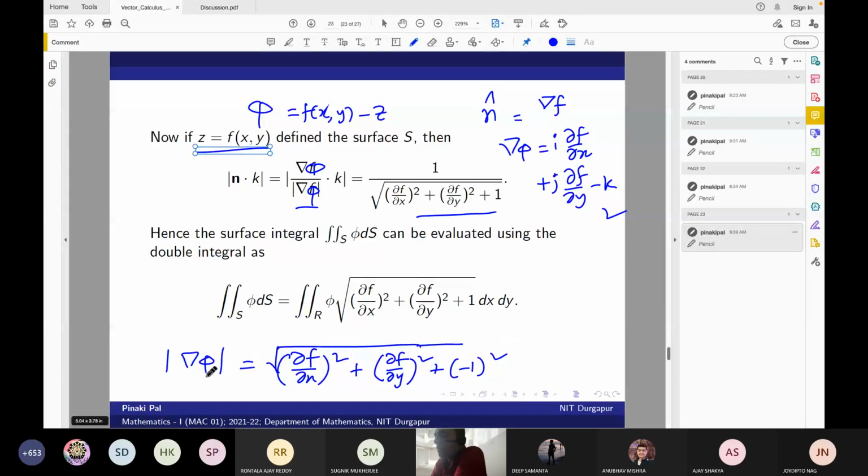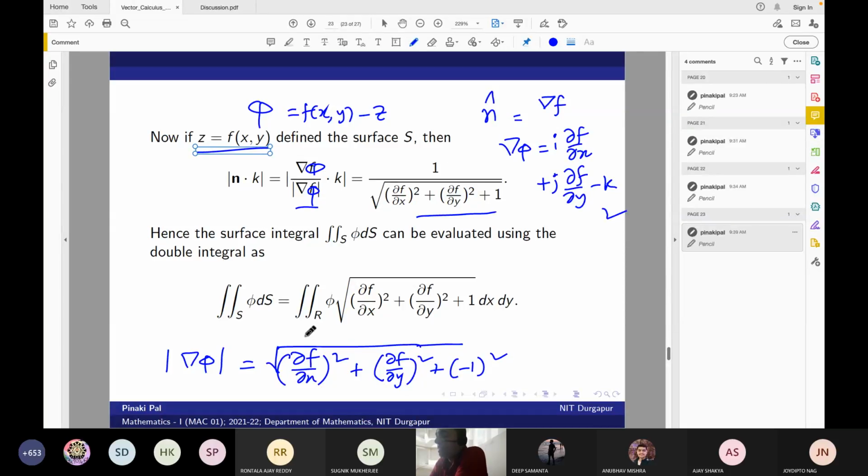We divide grad phi by its magnitude to get the unit normal, so this 1 appears in the denominator. Then you take the dot product with k and the absolute value, so instead of minus 1 you get 1.